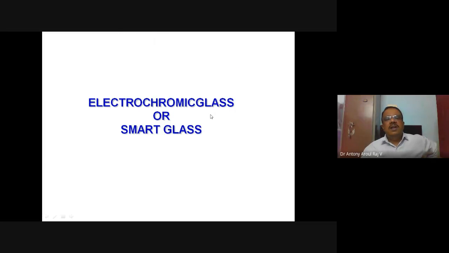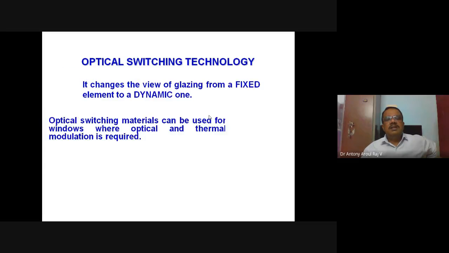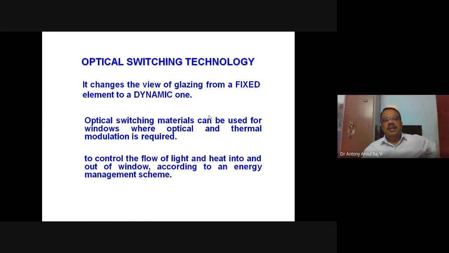Now we will end our discussion with a special type of glass called smart glass. What is a smart glass? The smart glass is an optical material, a glass material used for windows, where you can alter the optical and thermal properties.